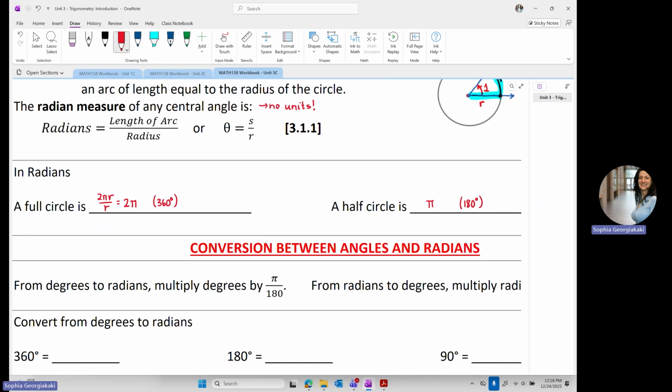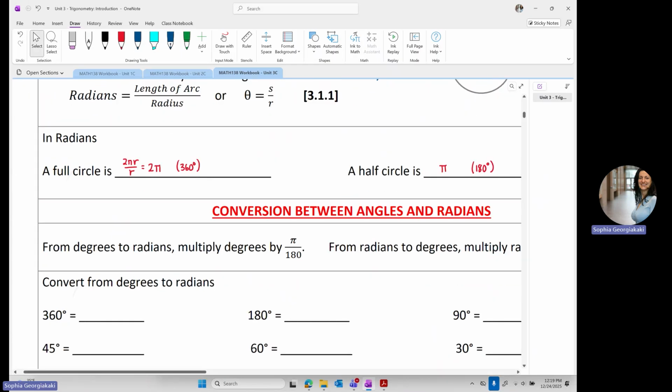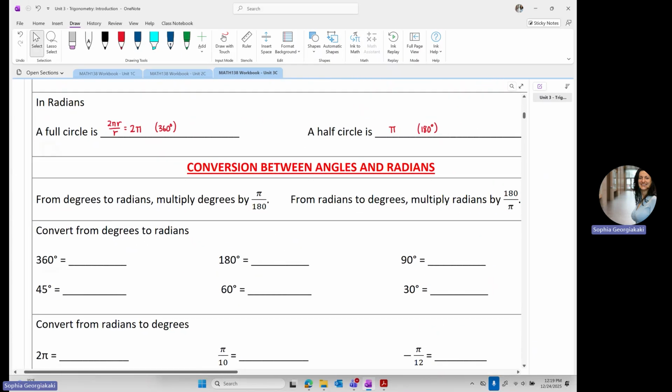So radians actually are just plain numbers, real numbers. They don't have units. We write rad for radians as a placeholder so that we know that we are talking about radians, but that radian unit is actually not a unit, it's just a placeholder.